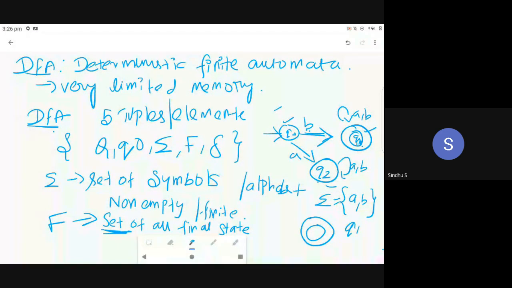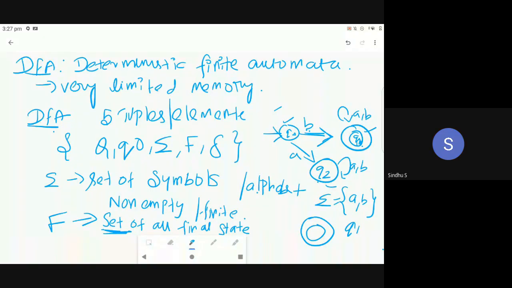Otherwise, it won't. Understand this clearly. If you want your input to be accepted by the machine, then the input should cross all the states and it should reach the final state. If the input reaches the final state, it will be accepted by the machine, or else it will be rejected by the machine. Fine. Is that clear? Yes, ma'am.